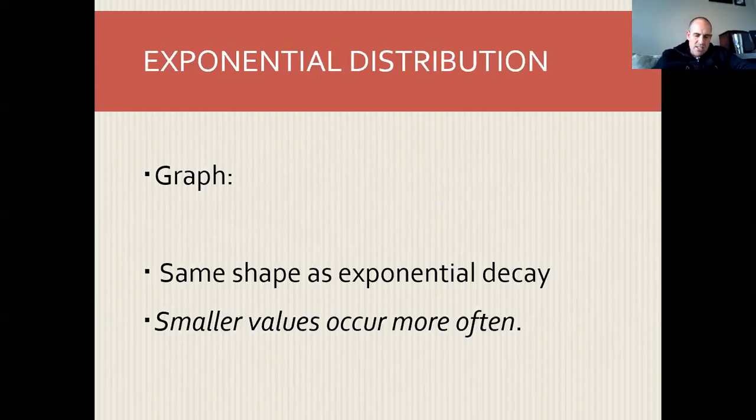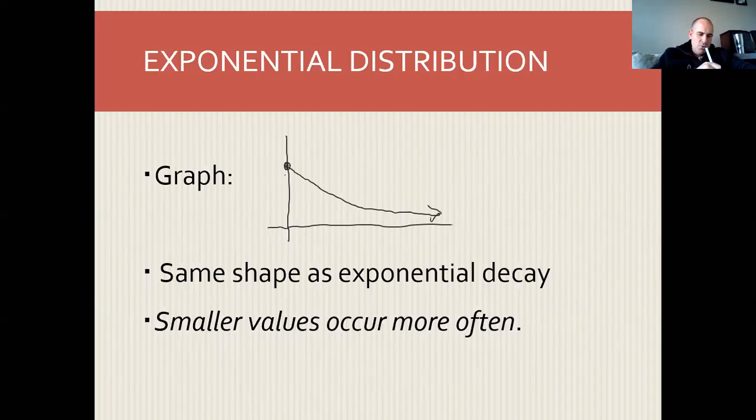All right, so exponential distribution. We talked about the continuous distribution, and now we're going to talk about the exponential distribution. The graph of an exponential random variable looks like this. It hits the y-axis and then just goes down. It decays from the starting point.